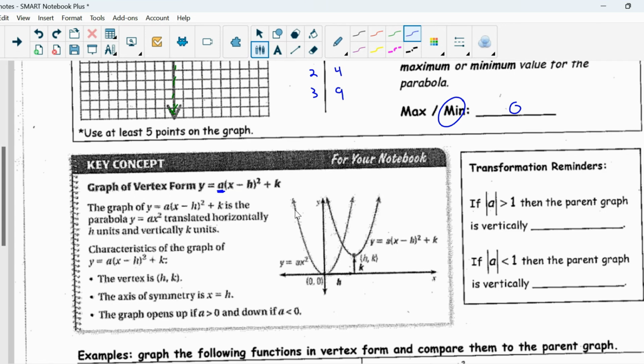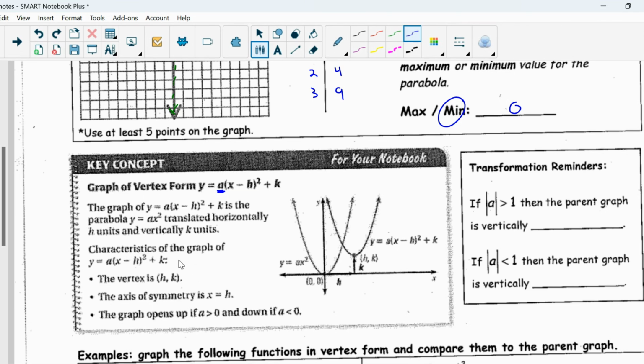You are used to seeing a concept like this, a parent function, from our absolute value equations, because how we graph those, you will see very similar transformations to this. Remember, our H value will move our graph horizontally, and our K value will move our graph vertically.